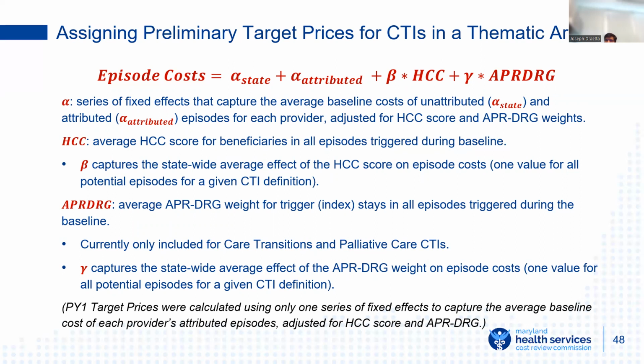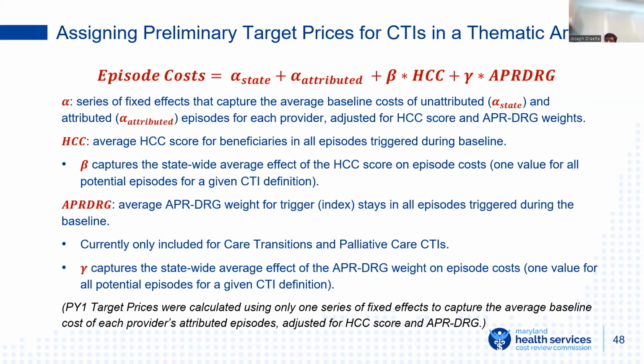This component was added after PY1 because we noted that the predicted target prices were not as precise as they should have been without explicitly adjusting for those cases where the patient was that provider's patient, but was not officially attributed to the CTI. The alpha attributed is defined similarly, but it equals 1 for episodes where the patient meets all of the specified CTI criteria and would be attributed to that participant.